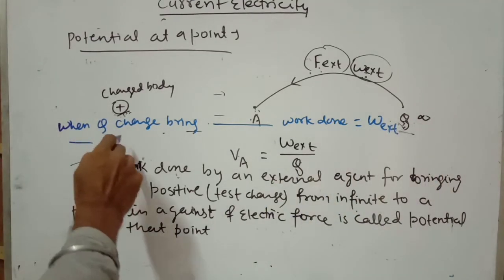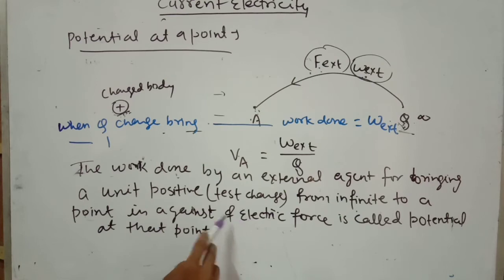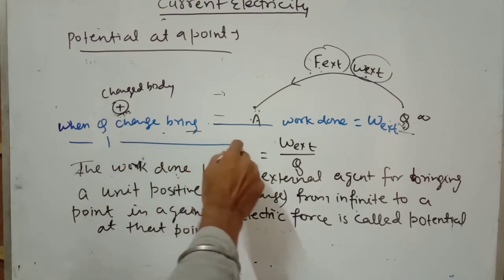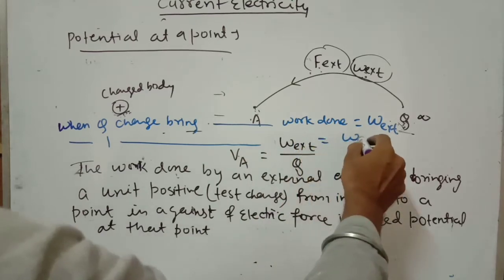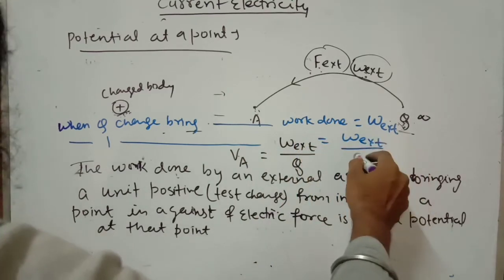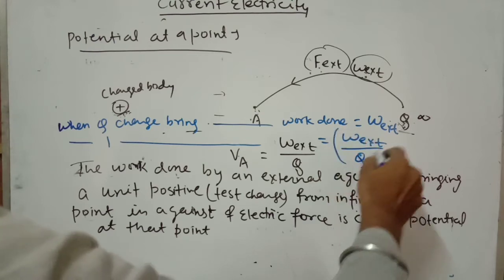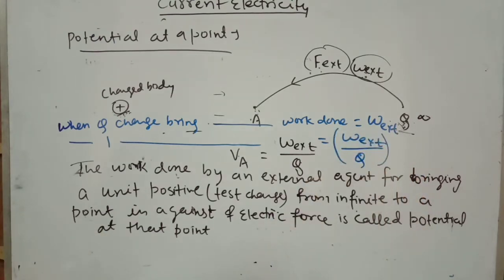According to the definition, for bringing a unit positive charge, also called a test charge, the work done by the external agent, W external by Q, is called the potential at that point. So you can write V_A equal to W_ext divided by Q. This is the definition of potential at a point A.